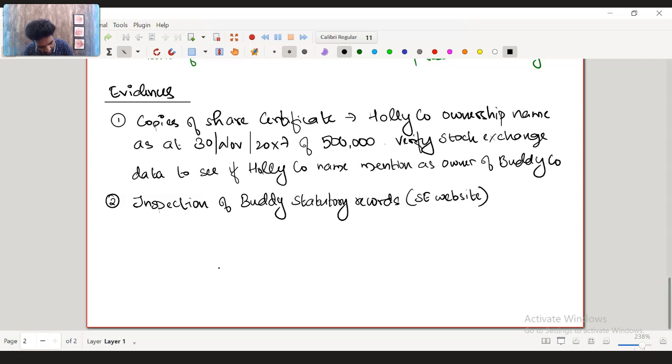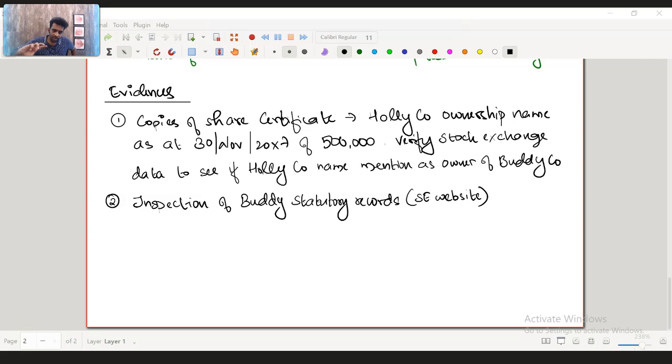You can open the stock exchange website to see how many shares have been issued by Buddy company. If 500,000 shares is 18%, then the total shares issued by Buddyco would be around 27 million shares, approximately 27,700,000 shares.